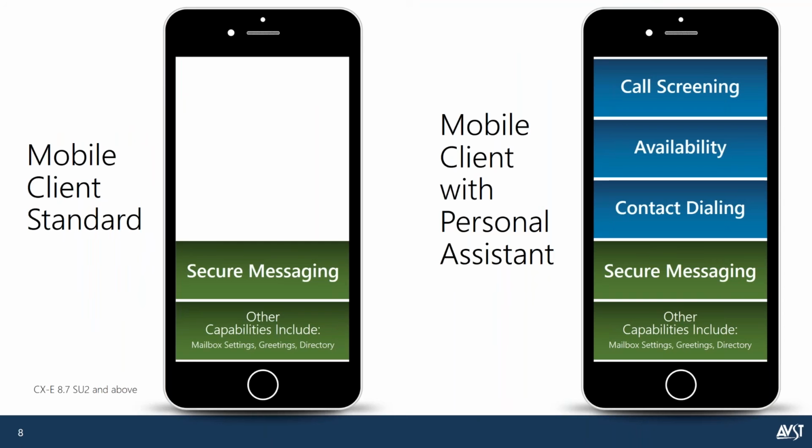So that license is still in play, and this is mostly if you want to control your availability, your call routing, you want to integrate to the calendar, you want to be able to use your personal contacts for dialing and forwarding messages. There's that whole level of integration that does still require the license. But without any license at all, any user can download our client and have secure messaging plus the general settings functionality.